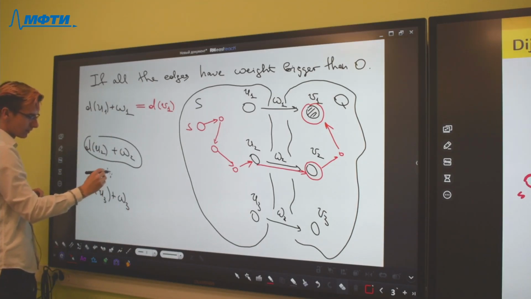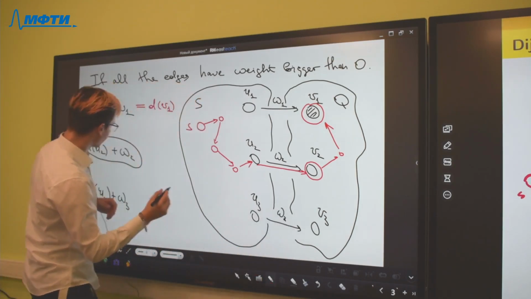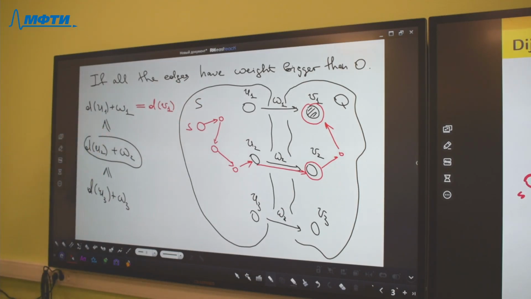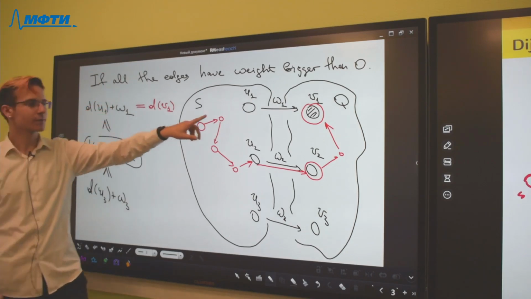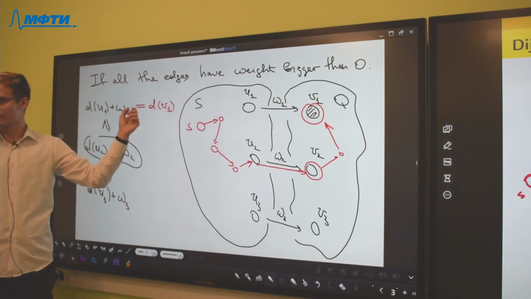Yeah, I have a mistake. Yeah, and it will be bigger than this distance. Yeah, so we add vertex V1 to the set with this new distance.